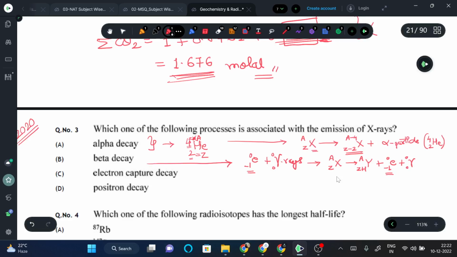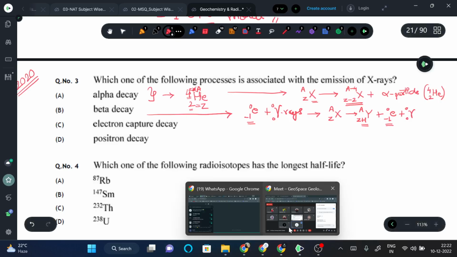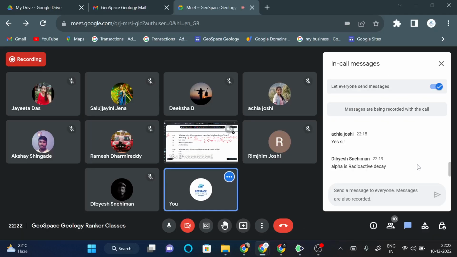So to release the electron, you will have to add 1 in the atomic number in the product. So here this will be Z plus 1, A. Are you getting these two points so far? Please let me know.